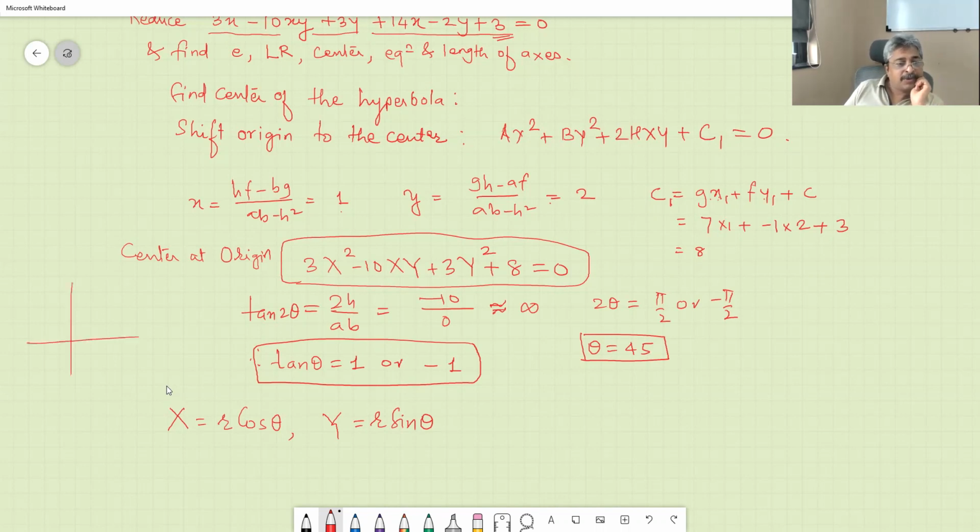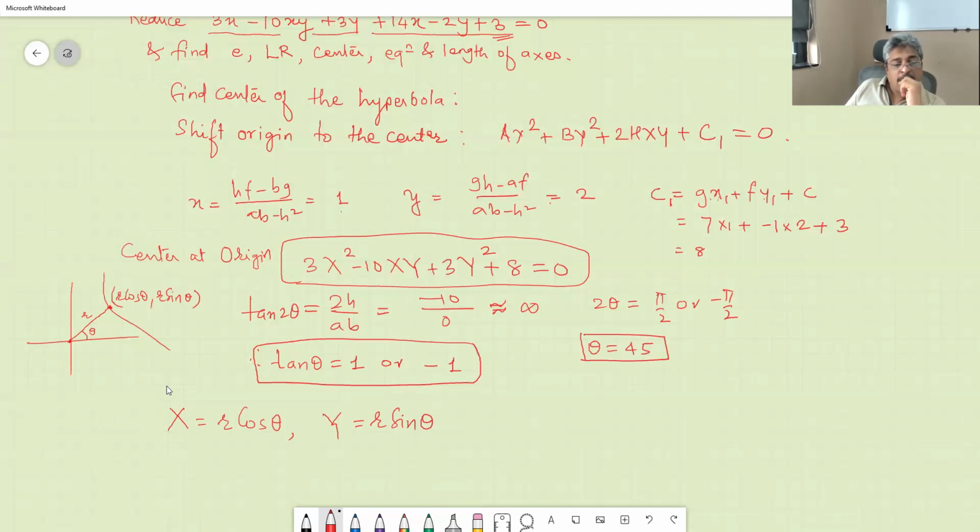Now suppose your curve is somewhere like this and you are talking about this point, then you join this, this is your r and this is your theta. So coordinates of this point is r cos theta comma r sin theta. That is the theory I am using right now, and r is a distance from origin.